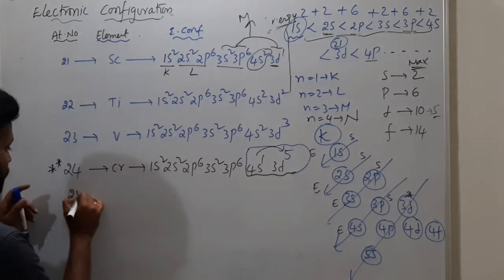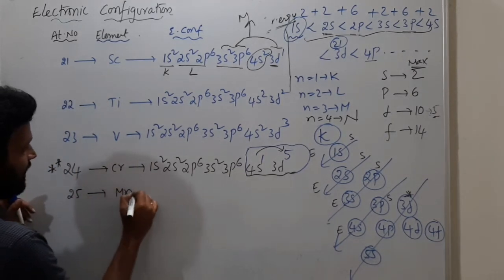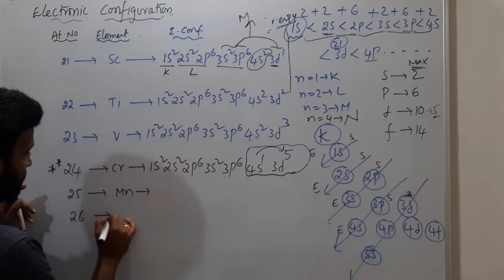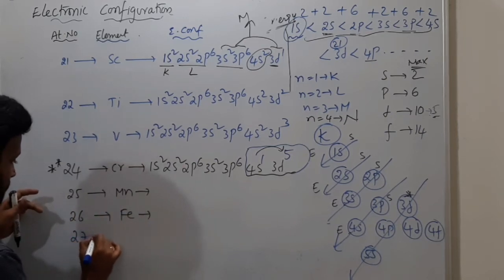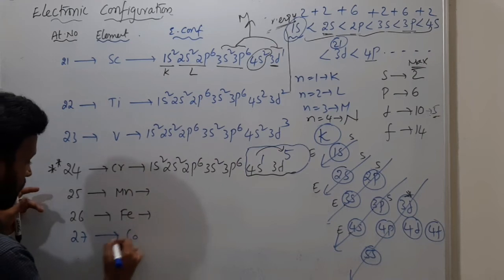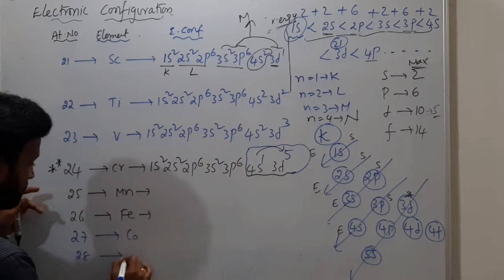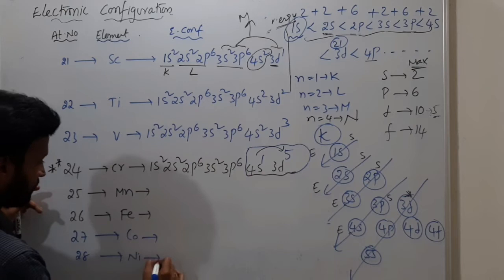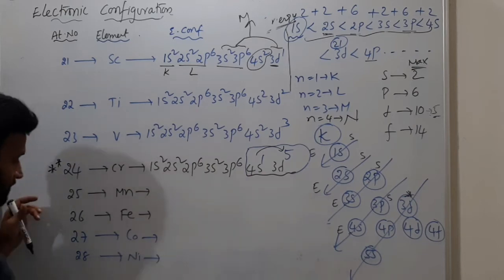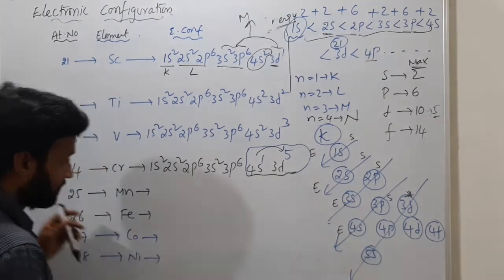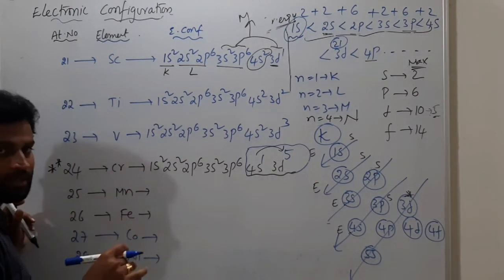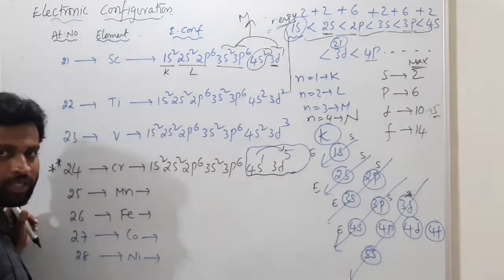Understood? Next, 25 is manganese, 26 is iron, 27 is cobalt, 28 is nickel, 29 is copper and 30 is zinc. So write down again: copper has an exceptional configuration.